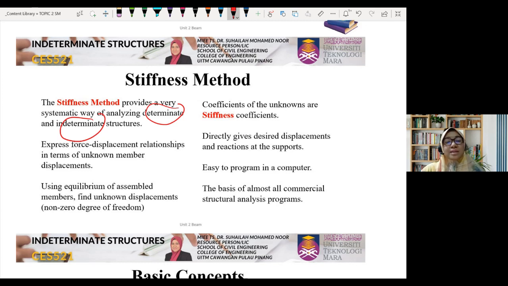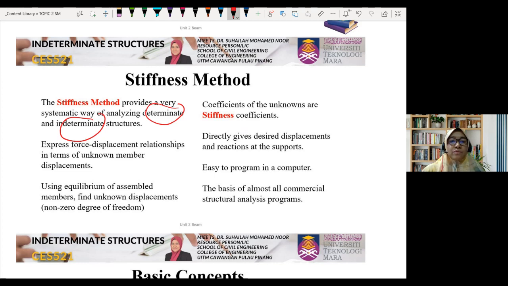What is another advantage? In stiffness method, we need to express the force displacement relationship in terms of unknown member displacement. By using the force displacement relationship, we will determine the displacement.